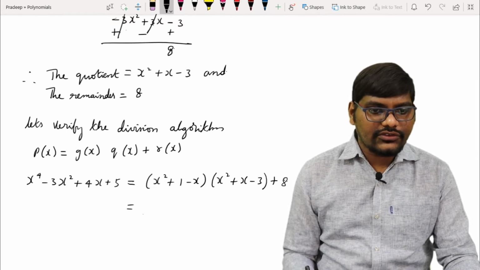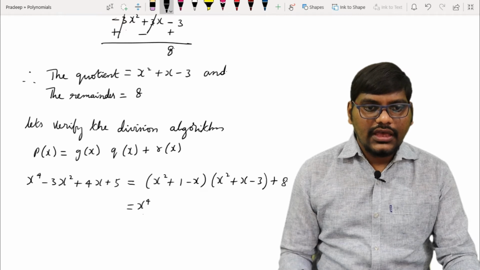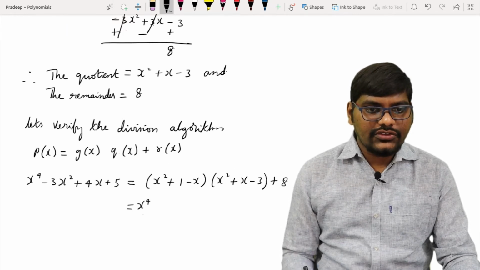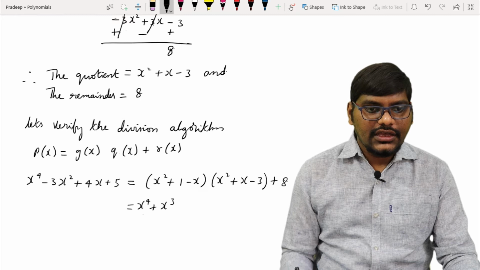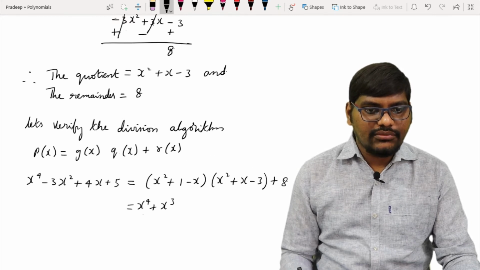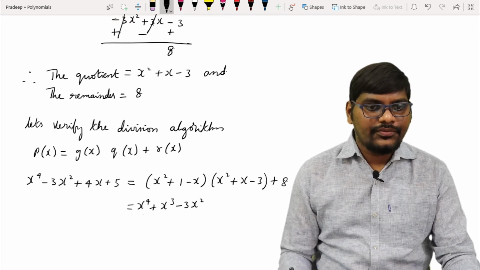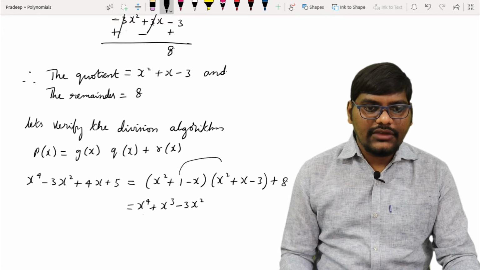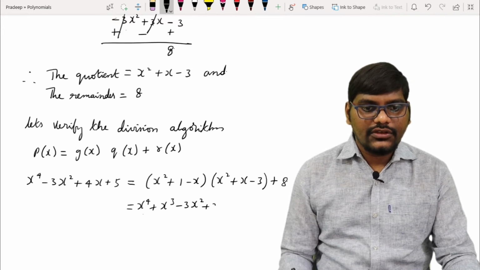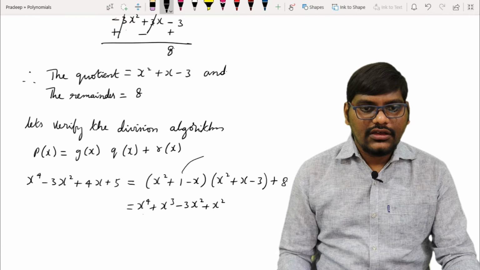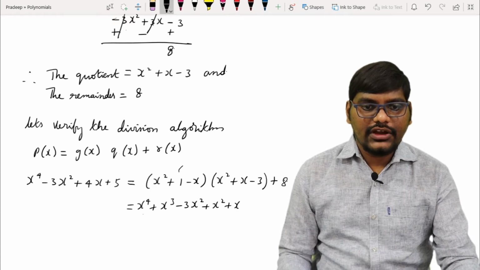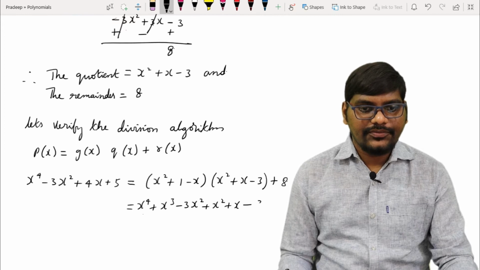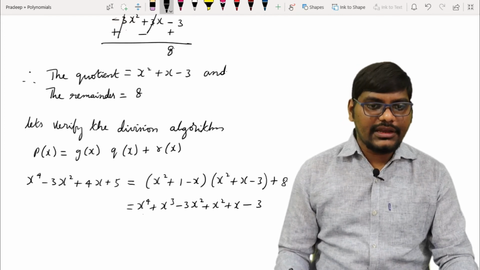X square into x square is x power 4, and x square into x is x power 3, and x square into 3 is minus 3x square. 1 into x square is x square, 1 into x is x, and 1 into 3 is minus 3. In the same way, I'll multiply the remaining also.